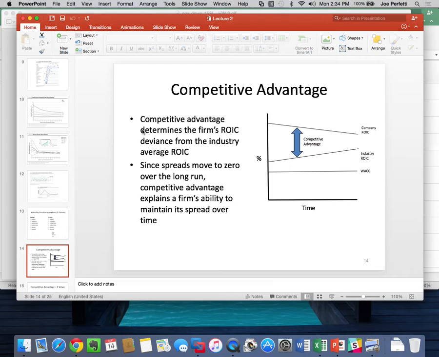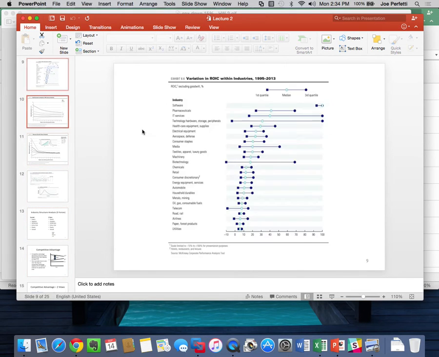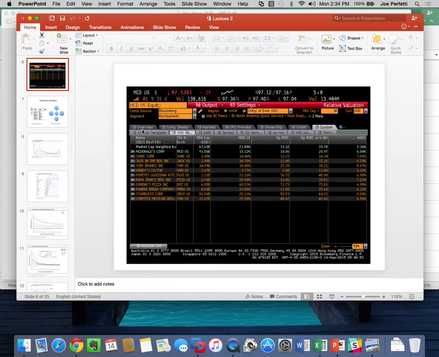Assuming that the costs of capital are similar, ROIC is the most important driver, but ultimately it's about spread. When Stas shows you how to create custom fields, you'll create a custom field called spread, so you can quickly see this within Bloomberg. That's what I did for McDonald's. So if I go back to McDonald's, here's data from McDonald's.